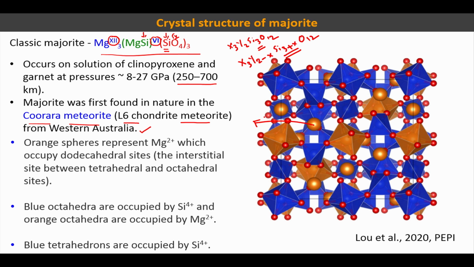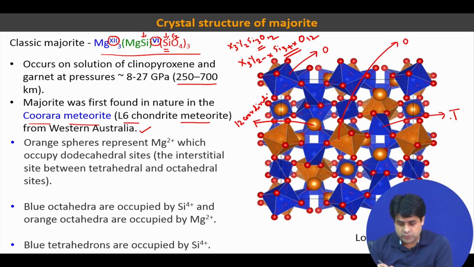These orange spheres are your 12-fold coordinated atoms, and then you have two different colors of octahedral sites, this one and then this orange octahedron, and then you have some tetrahedral sites, the blue color. So these are the different structural sites.